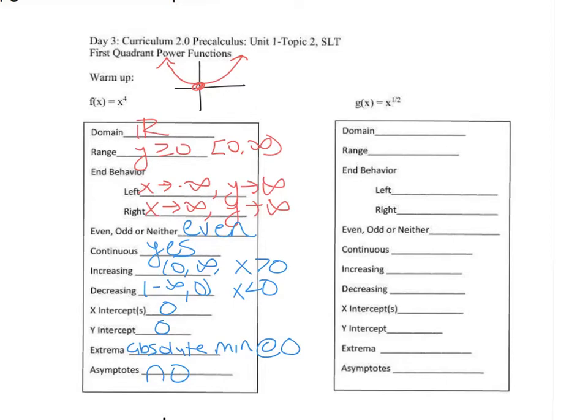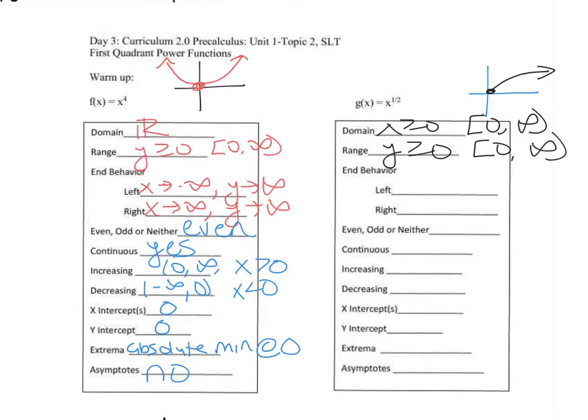Now for the square root of x, or x to the 1/2, your graph looked like this, with the endpoint on the origin. So the domain is x is greater than or equal to 0, or you could do 0 to infinity. The range is y is greater than or equal to 0, or you could do 0 to infinity.